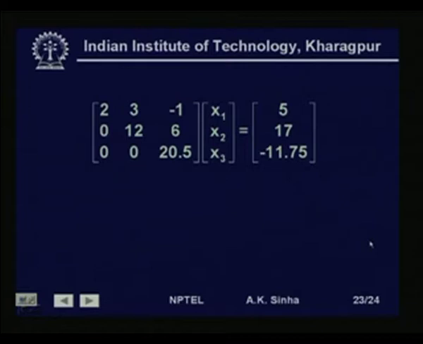When we do this, we get finally our set of equations as 2, 3, minus 1, 0, 12, 6, 0, 0, 20.5. Now, you see this is a triangularized matrix, and the y vector is also modified as 5, 17, minus 11.75.